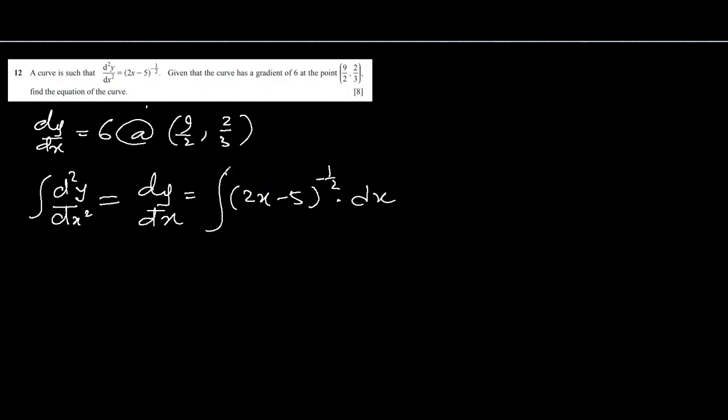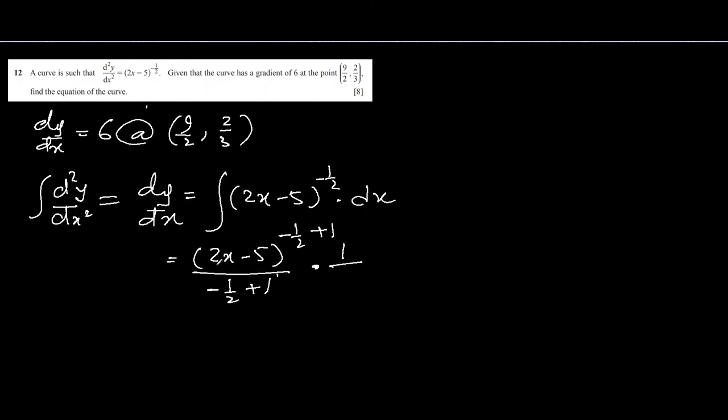Now let's integrate this one, because this is an ax plus b format. It will be (2x minus 5) to the power minus half plus 1, divided by minus half plus 1, and further we multiply by 1 over whatever is the differentiation of the content of the bracket.